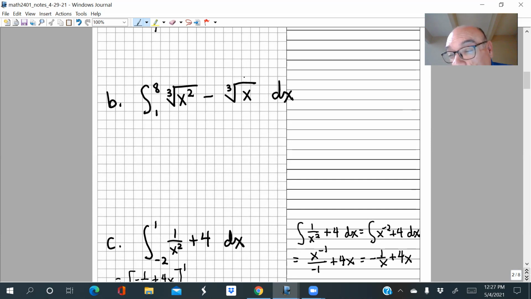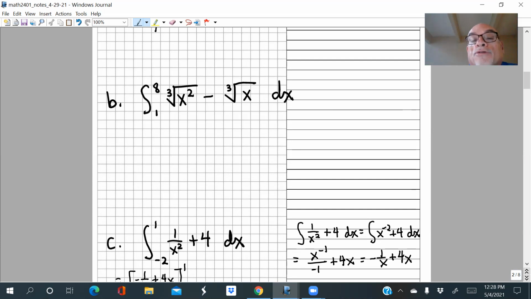And that's really the only hard step here. So what's the first thing we want to do to calculate this definite integral? In other words, the area of the region that's described by this definite integral. What's step 1? Help me there. Antiderivative. Find the antiderivative, right? Okay.